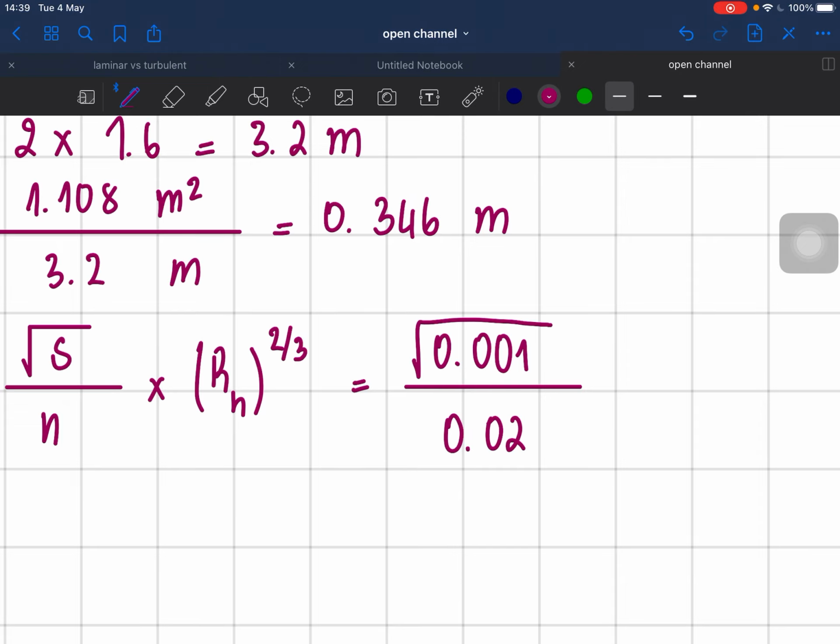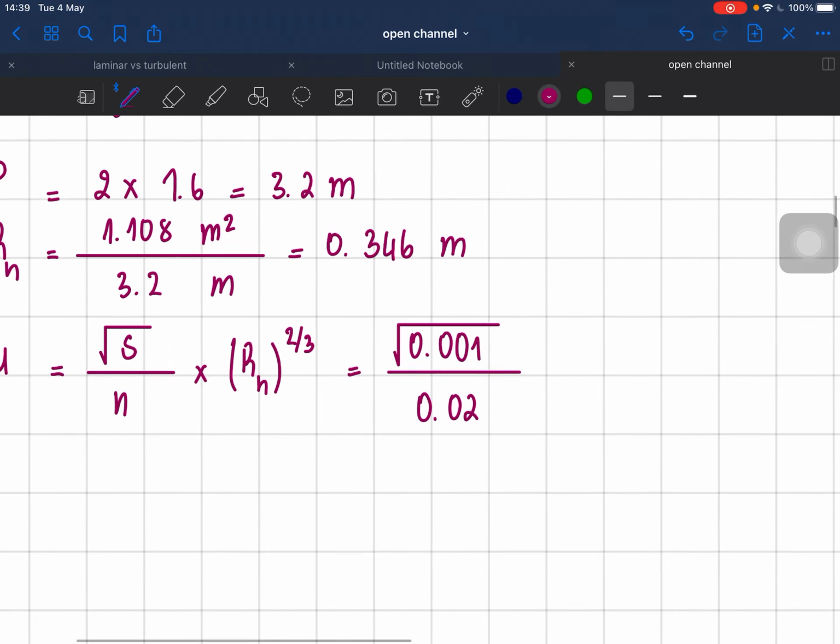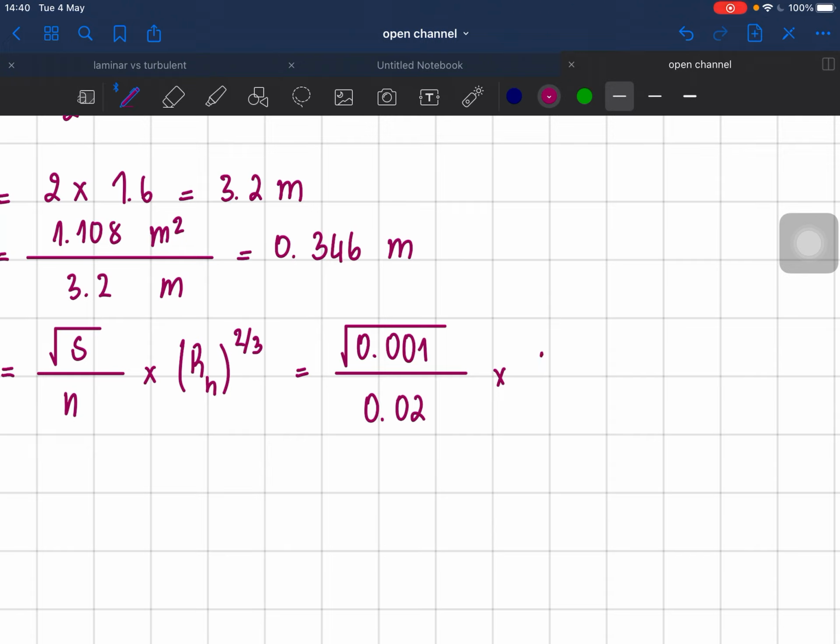This is square root, then we times with 0.346 meter. Yeah, we have to write the meter here, but I just forgot it, so that's fine.